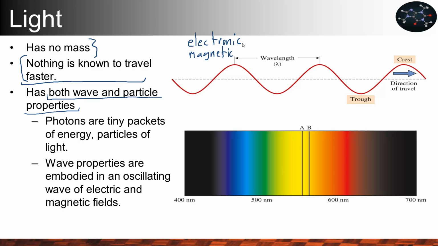That wiggle is actually an increasing and decreasing positive and negative electrostatic attraction, and an increasing and decreasing north and south pole magnetic attraction. Because of this, sometimes light is referred to as EMF, an electromagnetic force.